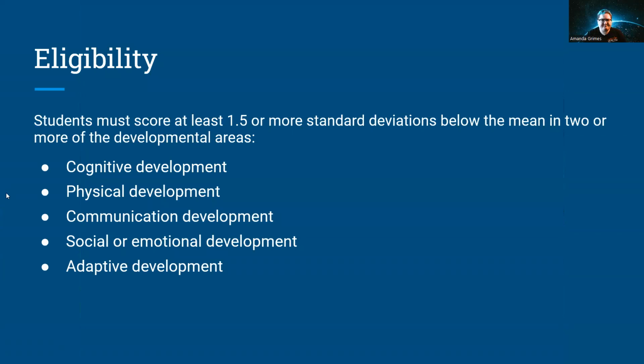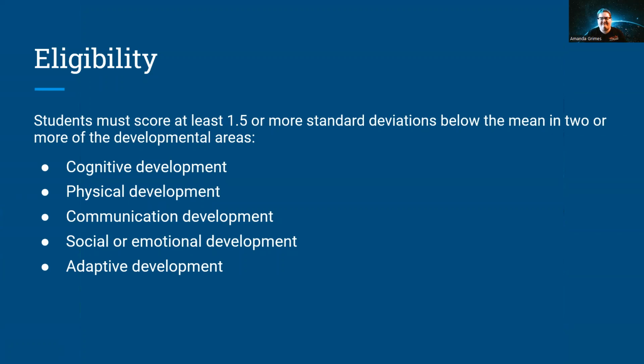So Oregon defines eligibility by students scoring at least 1.5 or more standard deviations below the average of 2 or more developmental areas.